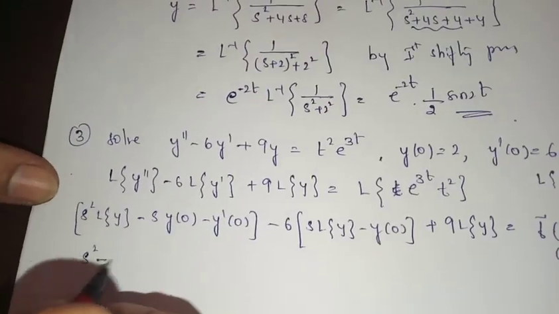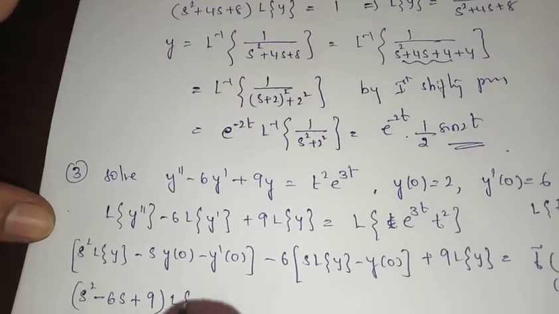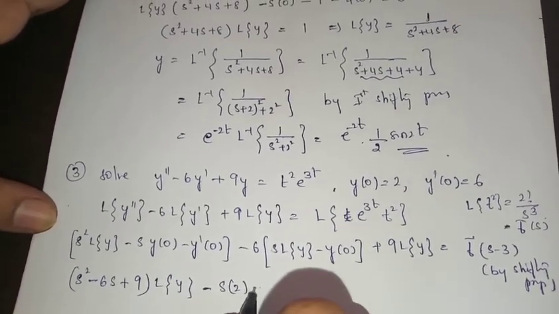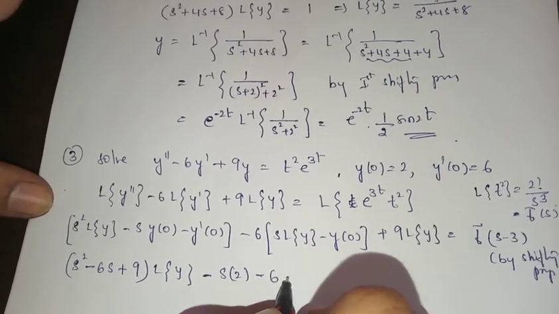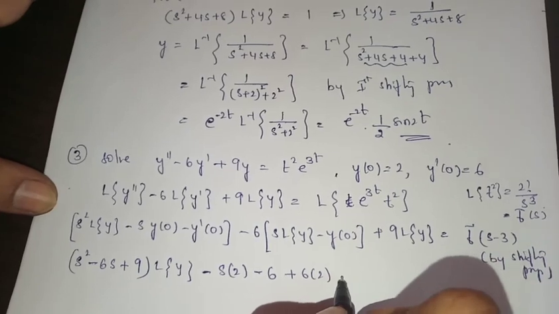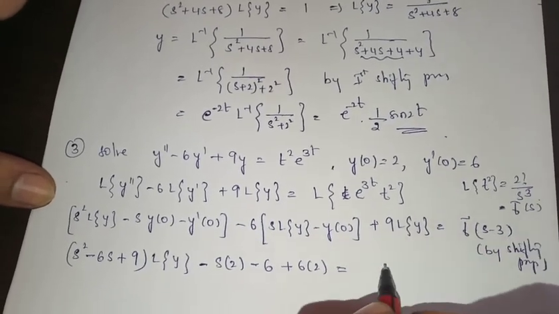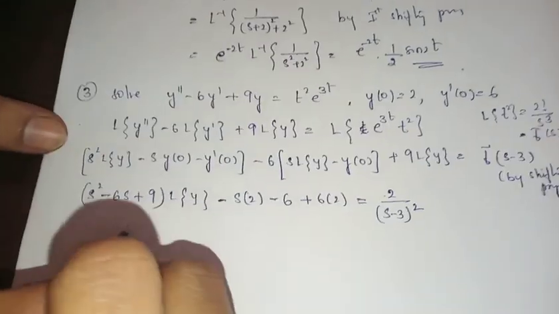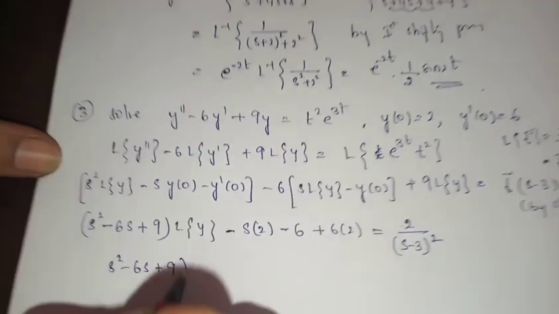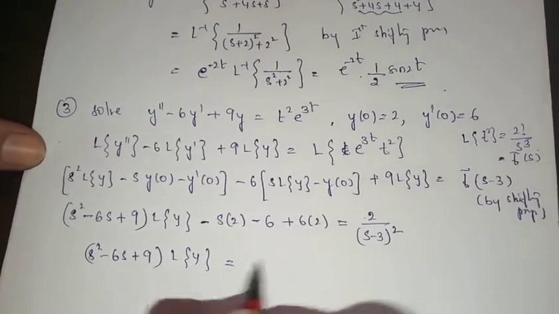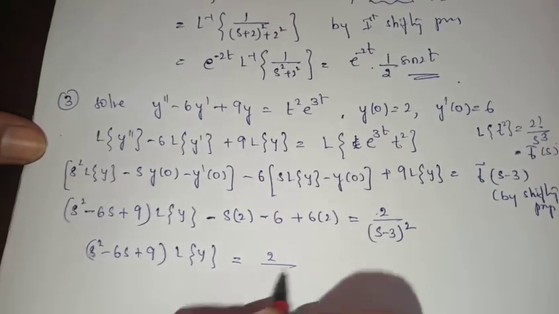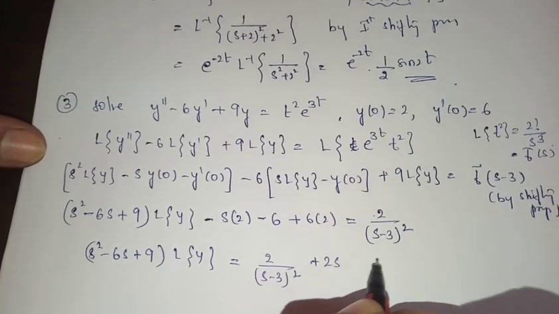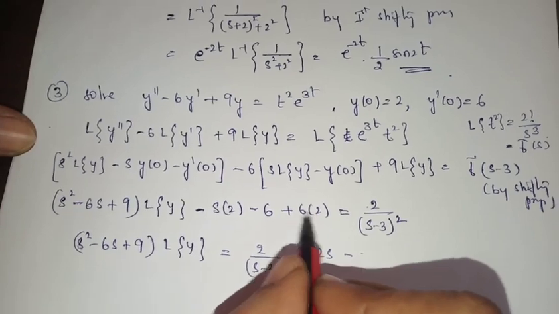So this is (s² - 6s + 9) into Laplace transform of y, and y(0) is 2, so s into 2, minus y'(0) is 6, plus 6 into 2, equal to, now this is f bar of s minus 3, so this is 2 by (s - 3)³. So (s² - 6s + 9) Laplace transform of y will be equal to 2 by (s - 3)³ plus 2s minus 6, because this is 12, 12 minus 6 is 6.